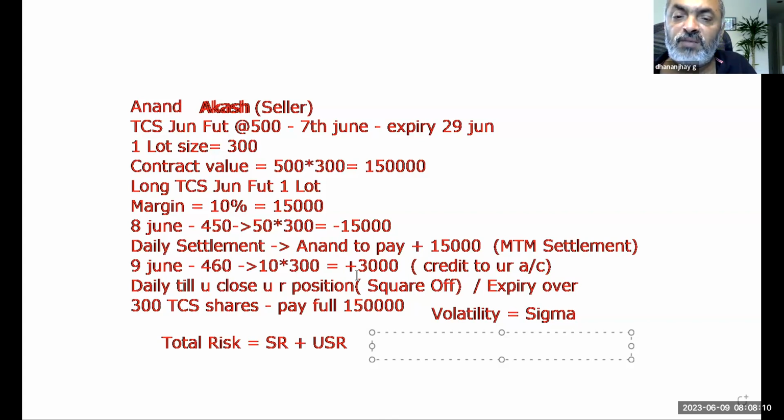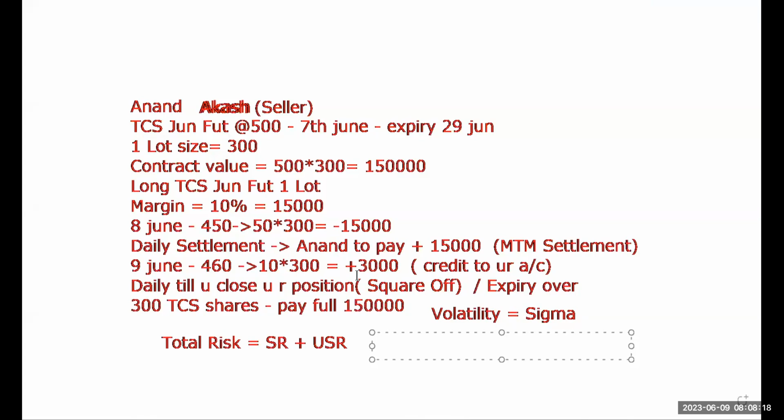Radheshyam, can you summarize? Then we will go to the next class. Sir. So today we discussed how the opening price and closing price are decided and how they look at the spot price. We also looked at the expiry date of contracts, future contracts specifically.